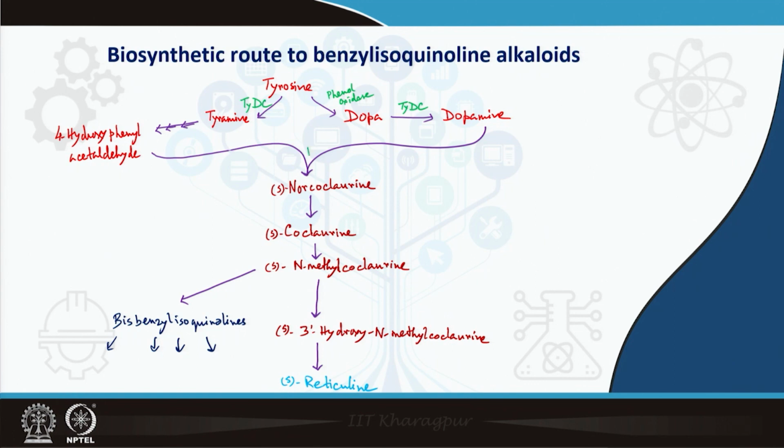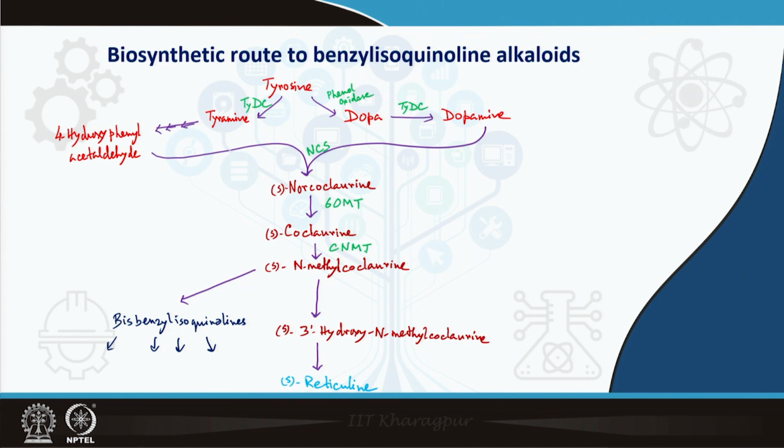Now, let us put in the enzymes or whatever is known. This is called norcoclaurine synthase, NCS, which joins 4-hydroxyphenyl acetaldehyde with dopamine. The next one, norcoclaurine to coclaurine, is basically 6-O-methyltransferase, 6-OMT. The next one is coclaurine N-methyltransferase, CNMT.